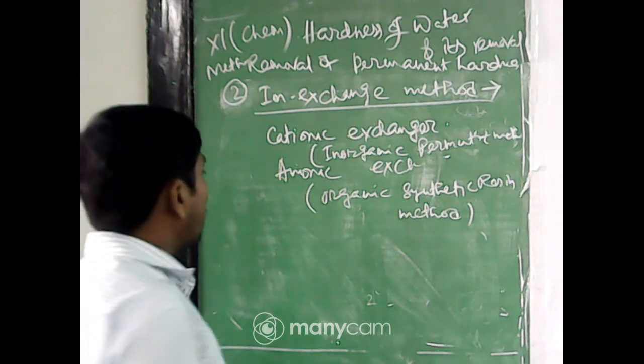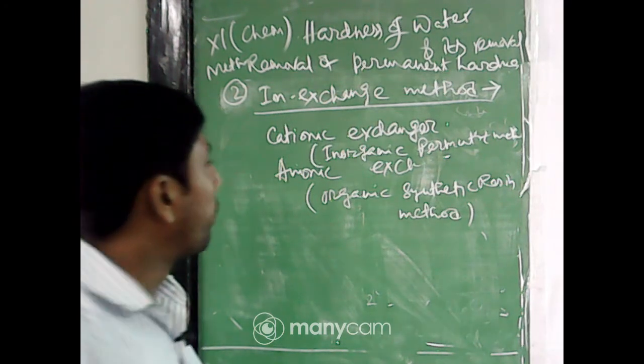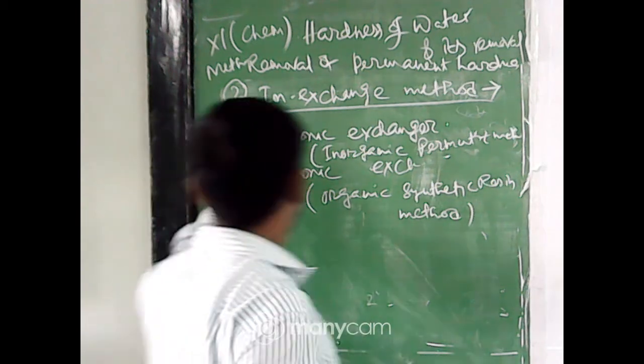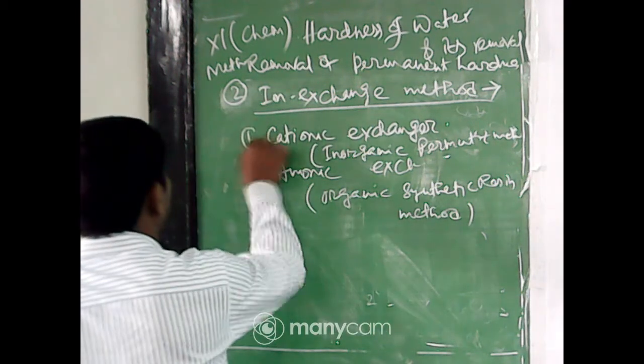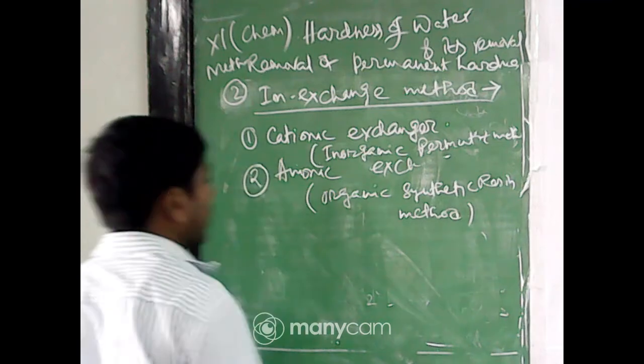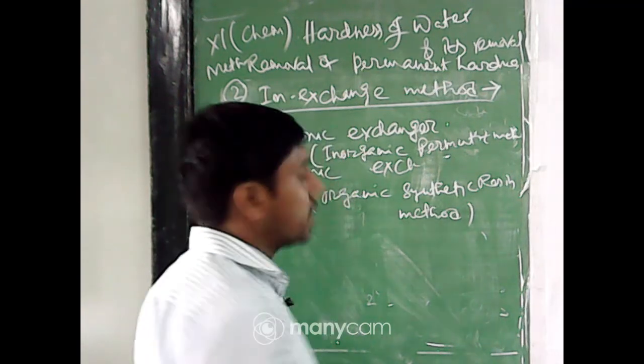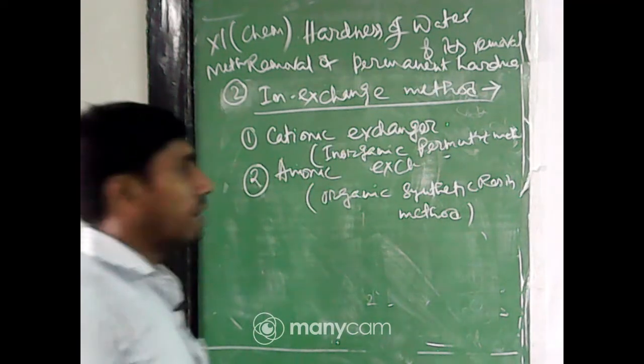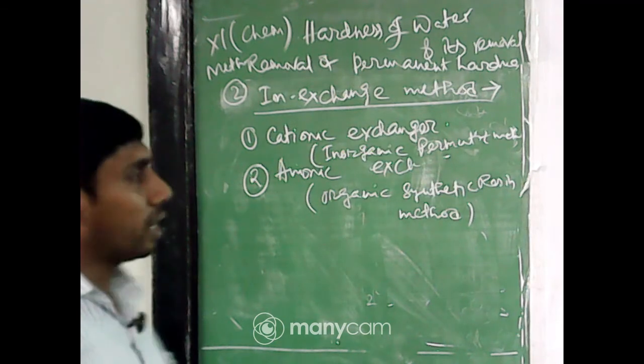Now, what is Permutit? Ion exchange is by 1 and 2. One is the cationic exchanger, which will only exchange the cation, and the second one is the anionic exchanger.